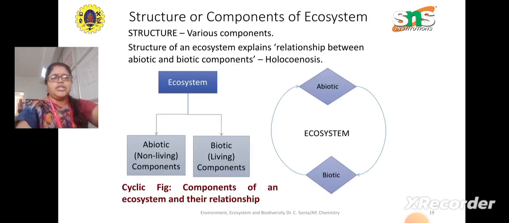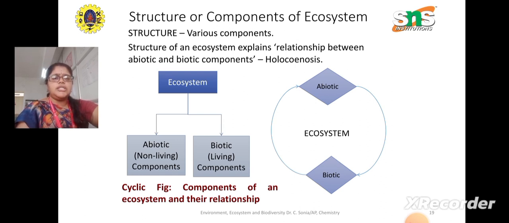Now the structure or the components of the ecosystem. There are various components of the ecosystem. The structure of the ecosystem is abiotic and biotic, and there is a term called holocoenosis. That is the interaction between the various biotic and abiotic components present in the environment, composed as an integrated system.